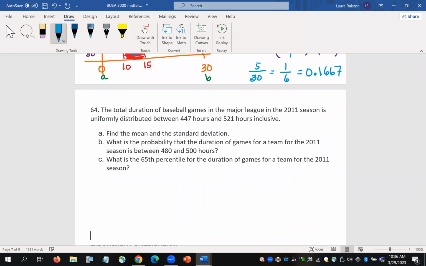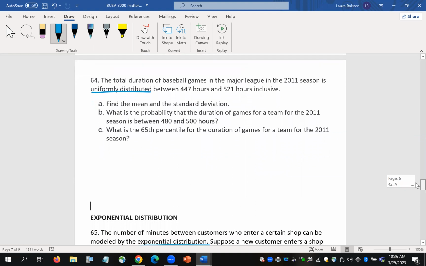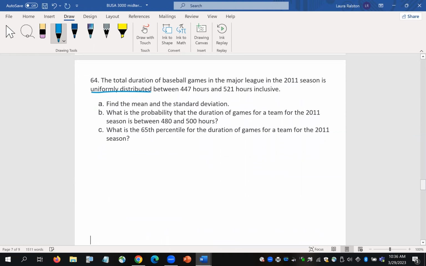Question 64 says the total duration of baseball games in the Major League in the 2011 season is uniformly distributed between 447 hours and 521 hours inclusive. Find the mean and the standard deviation, and then it's got some probability problems.